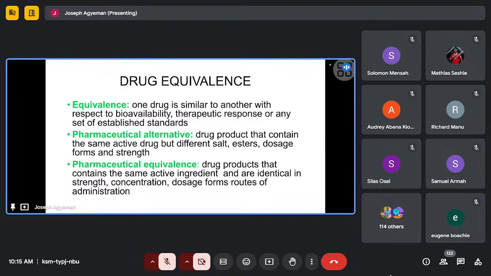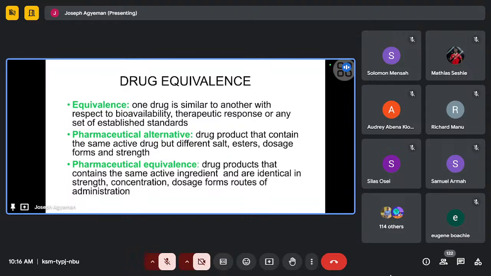These two agents, if they prescribe specifically brand A, and you don't have brand A, you can decide to use brand B, normally after consultation with the prescriber. And these two are considered pharmaceutical equivalent because they contain the same active principle. They have the same dosage forms. They are all tablets, oral tablets.